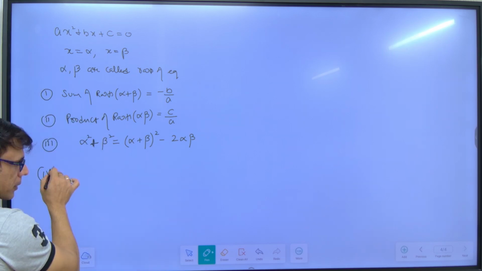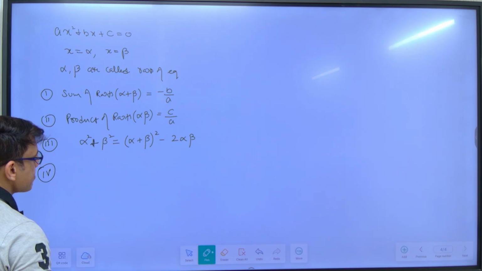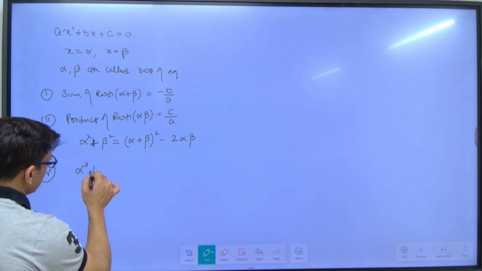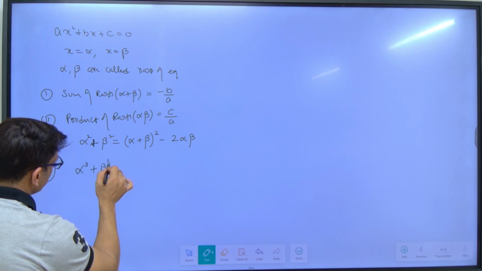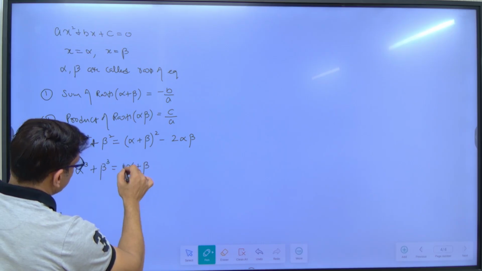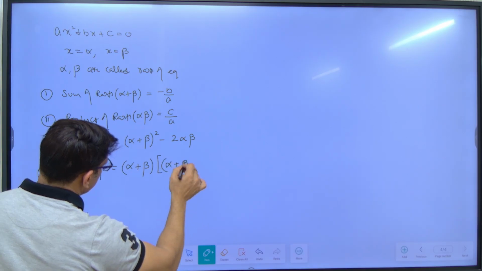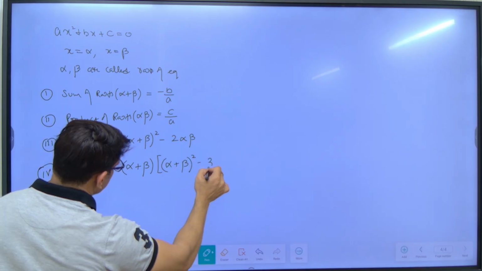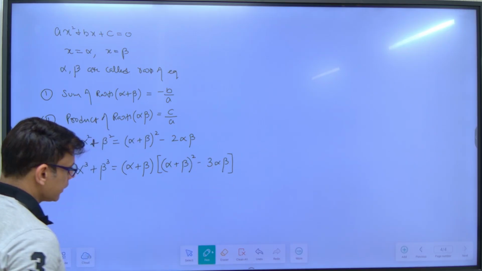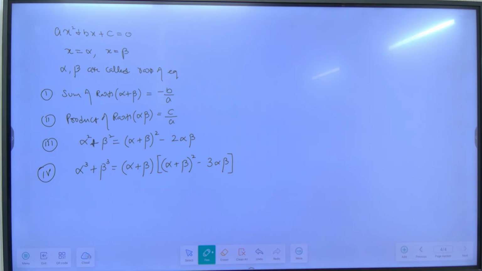Fourth is alpha cube plus beta cube, which is equal to alpha plus beta into alpha plus beta the whole square minus 3 alpha beta. Whatever identity you want to make, try to make it in alpha plus beta and alpha beta form only, because finding alpha plus beta and alpha beta is very easy.